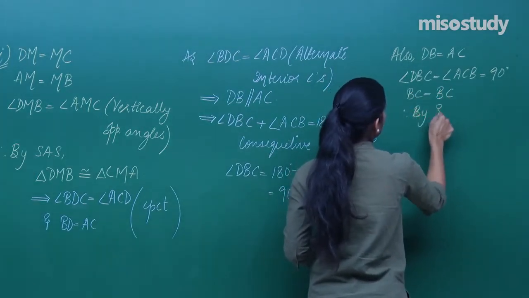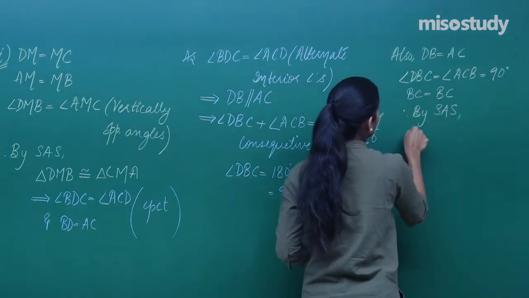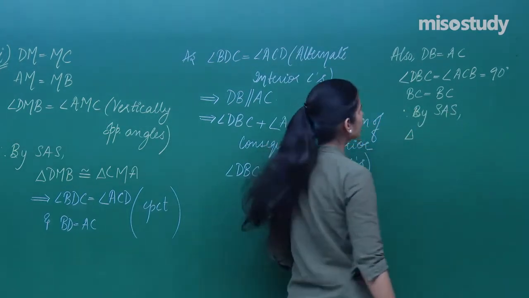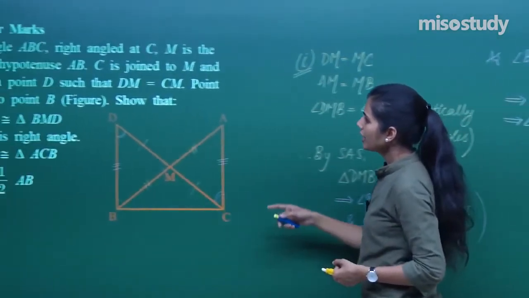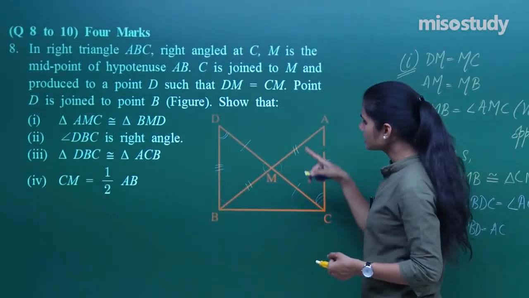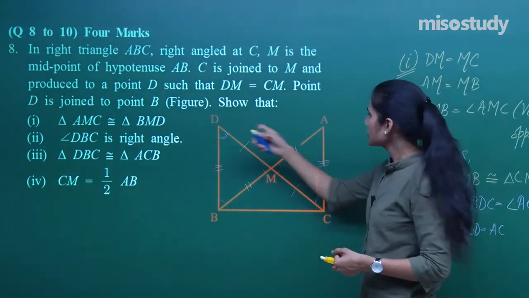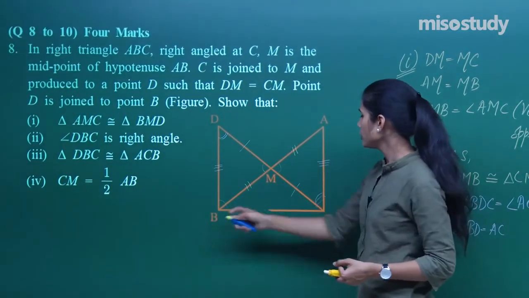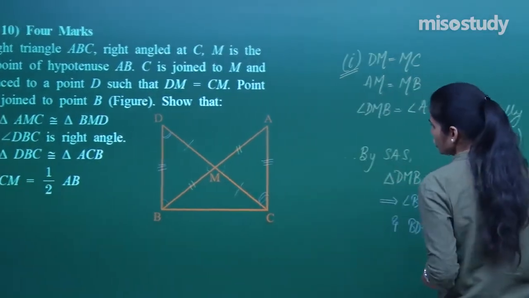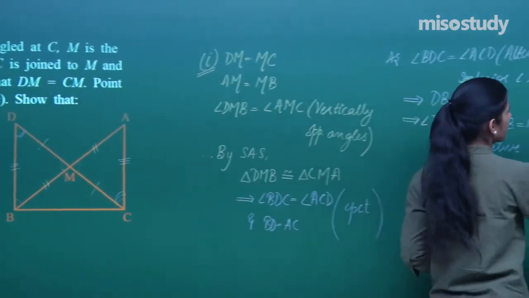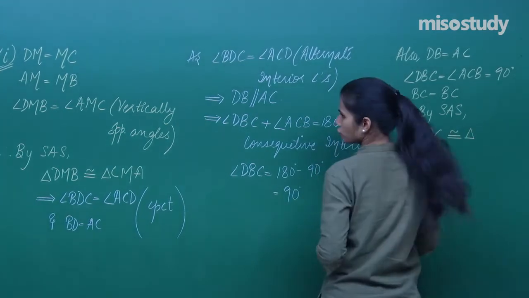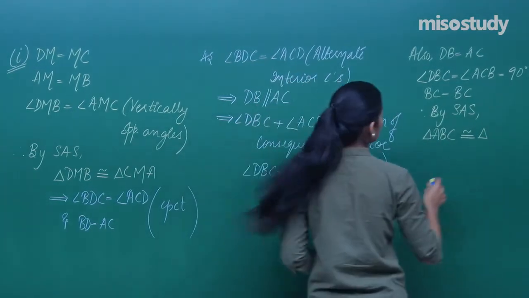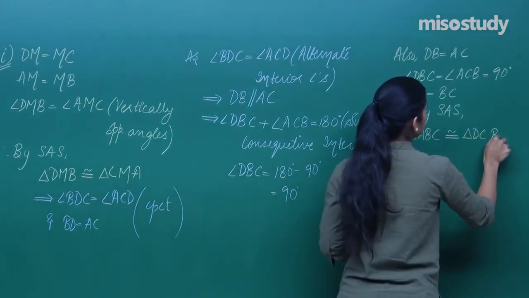Therefore, by SAS congruence rule, which triangle is congruent to which triangle? Now see, AC is same as DB. A is corresponding to D, C is corresponding to B, and B is corresponding to C. So triangle ABC is congruent to triangle DCB.